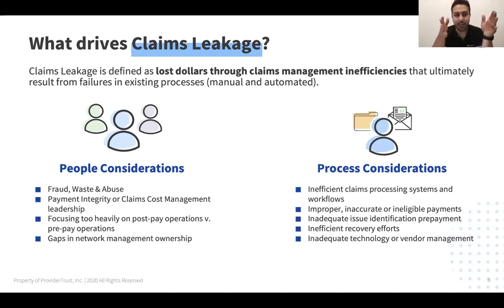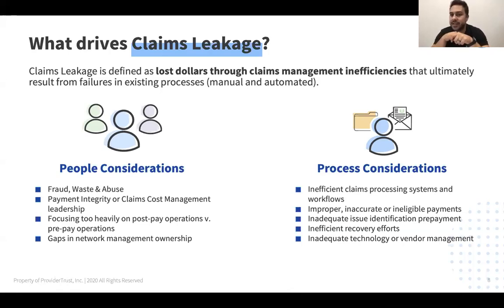And again, when we talk about existing processes, we're really talking about people considerations and process considerations. On the people side, things like fraud, waste, and abuse, which certainly we are an organization that lives in the intersection of fraud, waste, and abuse in healthcare. So we see that all the time. Payment integrity or claims cost management leadership, focusing too heavily on post-pay versus prepay operations from a team management perspective, and then gaps in network management ownership.